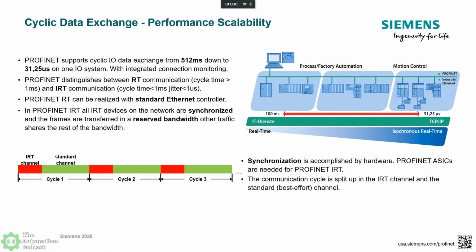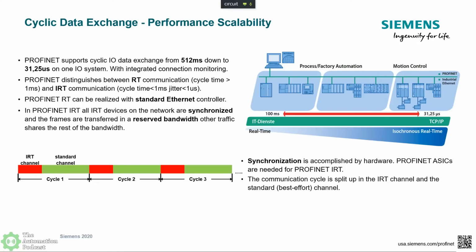With PROFINET IRT, the communication cycle is split up into an IRT channel, isochronous real-time channel, and a standard channel. Before I talked about best effort channels, where data records or alarms are transferred. That is the green part here. IRT data is always transferred in the red channel.